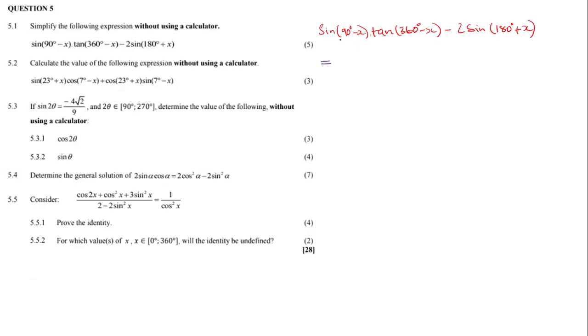So to reduce this sine of 90 degrees minus x, you're going to ask yourself the simple question: 90 degrees minus, it is found in which quadrant? You can draw your mini Cartesian plane like so. Here we have 90 degrees, here we have 180, here we have 270, even though we don't work with 270, and here we have 360 degrees. And this one at the top will be 0 degrees.